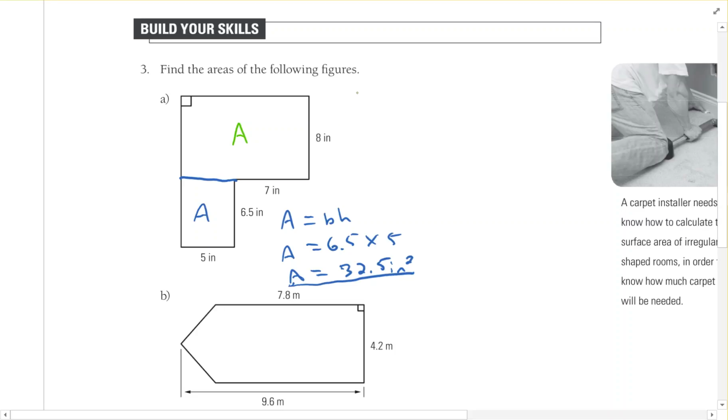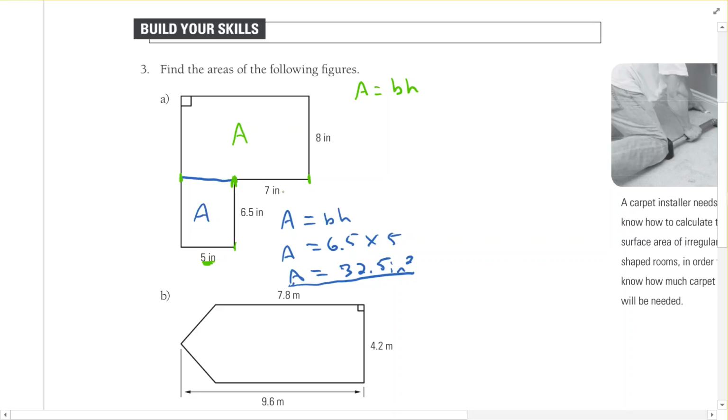So the area of this top one is still going to be base times height. But we don't really know what the base is automatically, do we? We don't know what the bottom is. It's not going to be 7 because it's only 7 from there to there. But it's 5 from here to here, right? Because it's 5 inches from there to there.